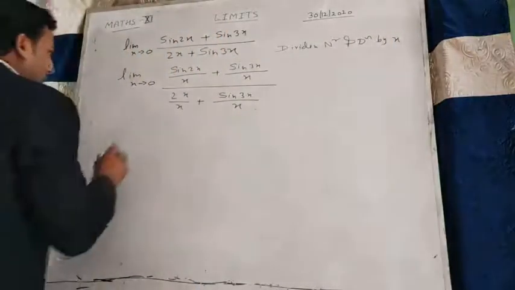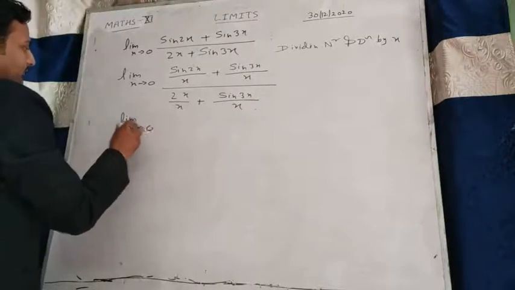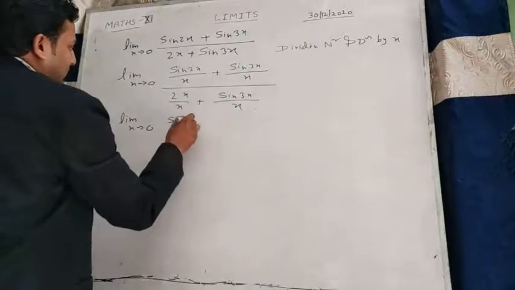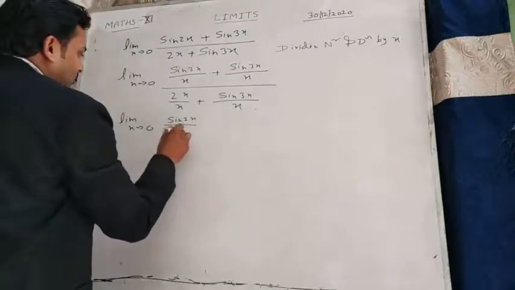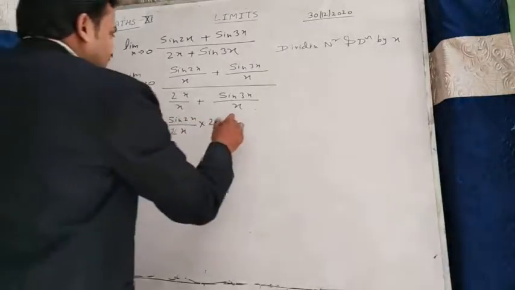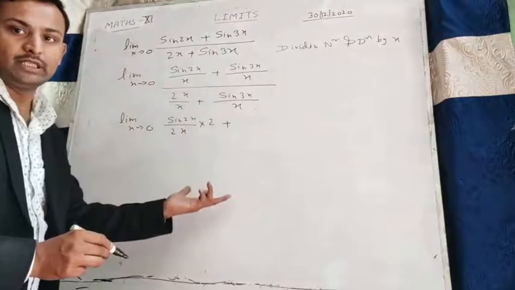Okay. So student, what we are getting from here, now we will make this part sin 2x/(2x) into 2. Now separating the limit with numerator separately and denominator separately.